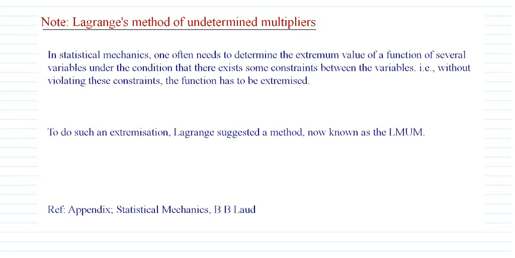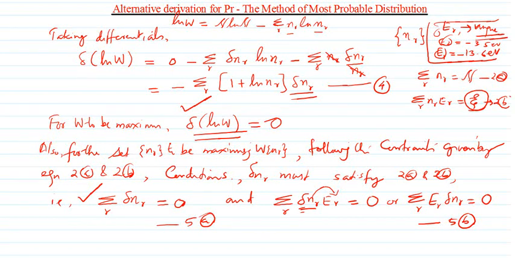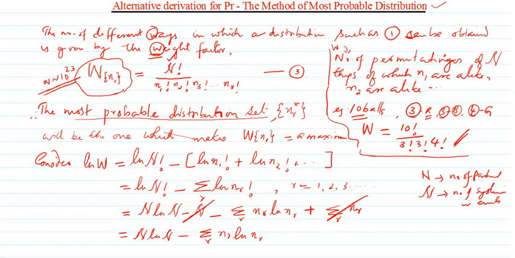Hope you remember that we were discussing maximizing W to find out the most probable distribution set NR, where W was the number of ways in which the set NR can be achieved.